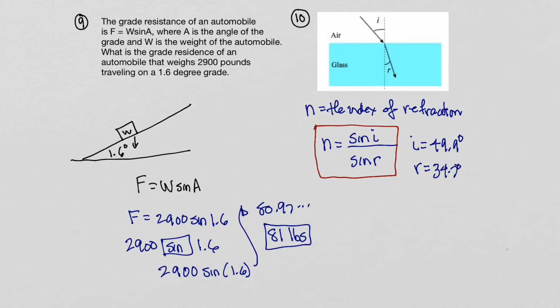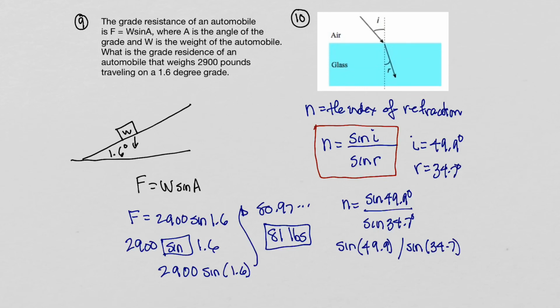So in this problem, suppose that this angle of incidence is coming in at 49.9 degrees, and the angle of refraction here is 34.7. Let's find n, the index of refraction. We'll put these numbers in: n is equal to the sine of 49.9 degrees divided by the sine of 34.7 degrees.